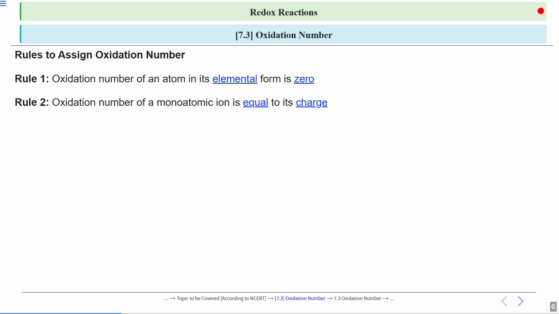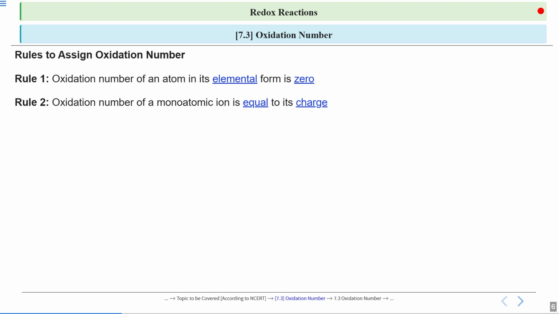Coming to rule 2, the oxidation number of a monoatomic ion is equal to its charge. That means for ions which are composed of only one atom, the oxidation number is equal to the charge on the ion.